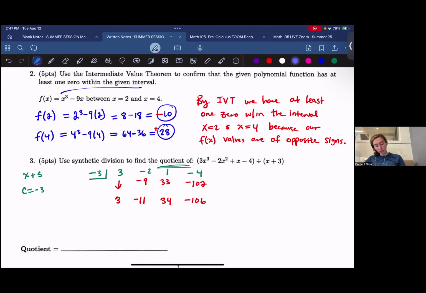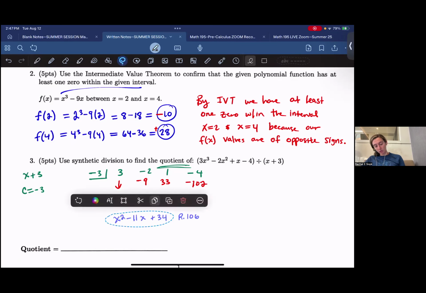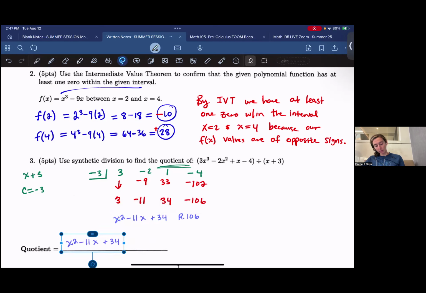So what is our quotient? We have x squared minus 11x plus 34, remainder negative 106. This is our quotient. And we're done.